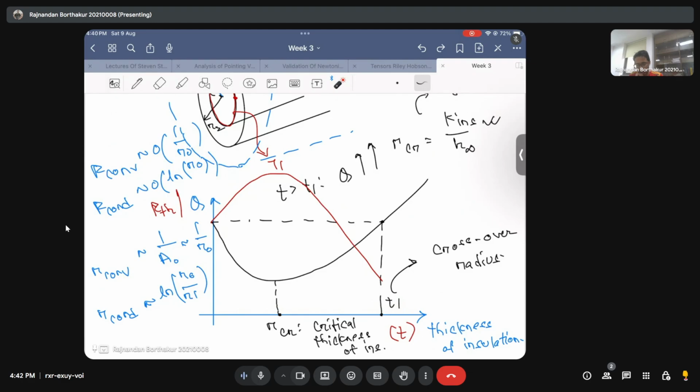It's not always the case that adding insulation thickness decreases the rate of heat transfer. It is only up to a point where Q decreases, and after that your rate of heat transfer essentially increases. So the minima of this point, we call it the critical radius of insulation, and for cylindrical geometry it comes out to be K by H naught. Okay, you can prove this at your end, that for spherical geometry it comes out to be 2K by H naught. This is something that you can do at your end.